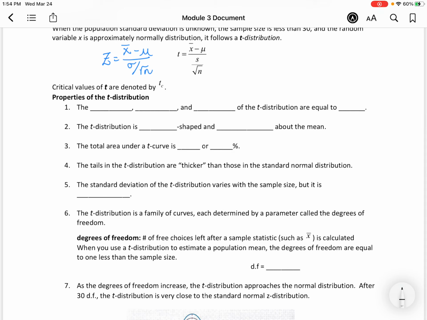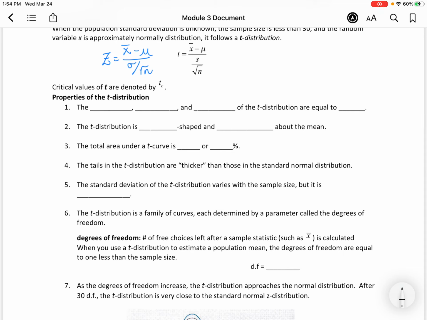The t distribution is a family of curves, each determined by a parameter called the degrees of freedom. And the degrees of freedom is equal to the sample size minus 1. So when we get down to number 7, as the degrees of freedom increase, the t distribution approaches the normal distribution or the z distribution.